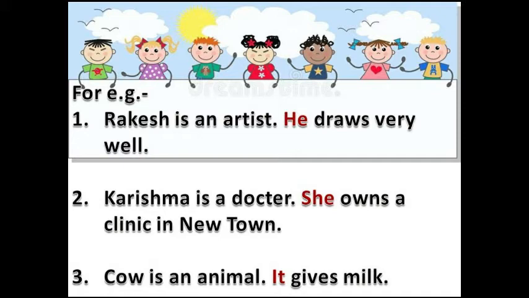She owns a clinic in Newtown. Third, cow is an animal. It gives milk. Here, the words in bold red are pronouns. We use pronouns to avoid the repetition of the names again and again in the sentence.